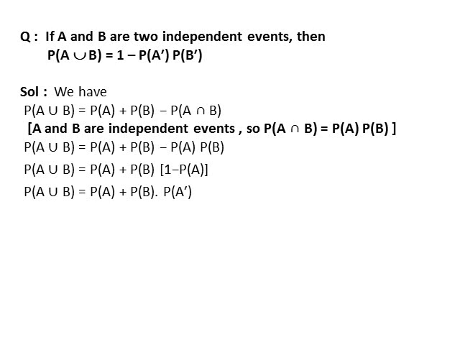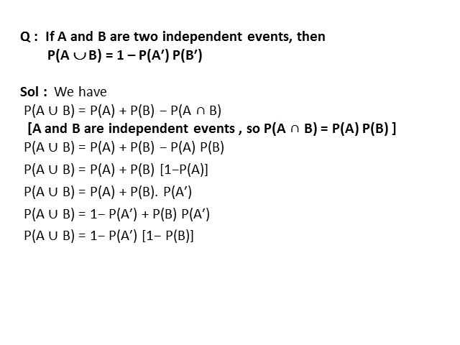We get probability of A union B equals PA plus PB multiplied by PA complement. In next step, write PA as 1 minus PA complement. Then take PA complement as common from second and third term. We get 1 minus PA complement multiplied by 1 minus PB.